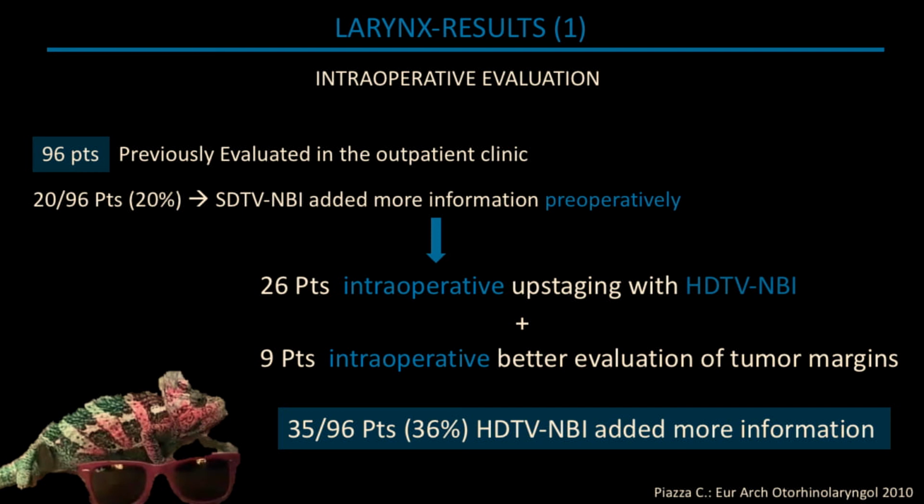And in 9 patients, again intraoperatively, we had a better evaluation of the tumor margin. So in 35 patients, we changed our surgical plan based on the information coming from the NBI evaluation.